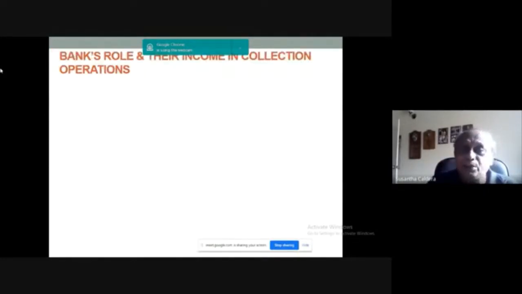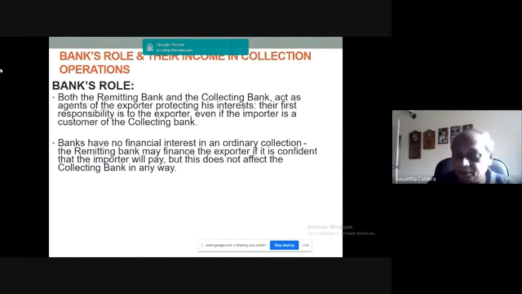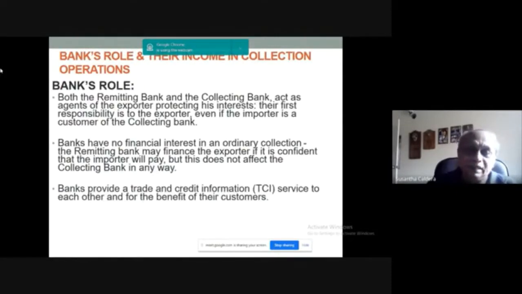Banks' role and their income in collection operations. Both the remitting bank and the collecting bank act as agents of the exporter, protecting his interest. Their first responsibility is to the exporter, even if the importer is a customer of the collecting bank.